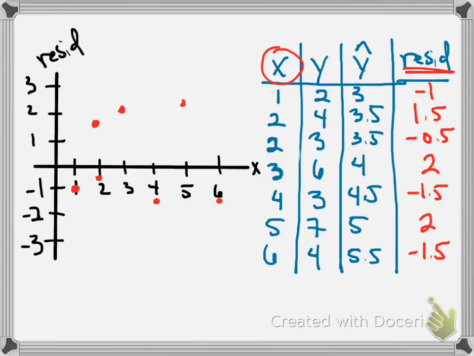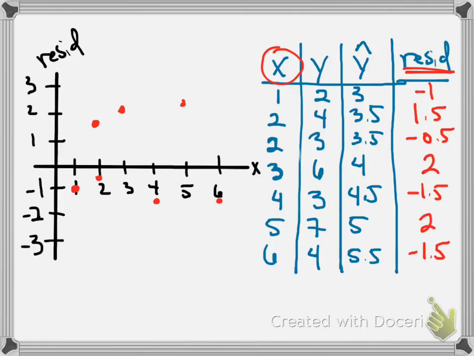And you're probably thinking, well, that's lovely. What is the purpose of this thing? If you remember back to chapter 2, we talked about creating normal probability plots, and we were able to use those normal probability plots to help us determine if our data set was truly modeled by a normal distribution.